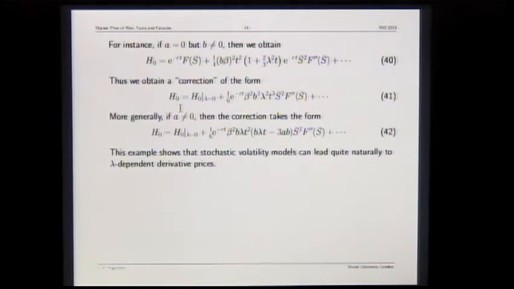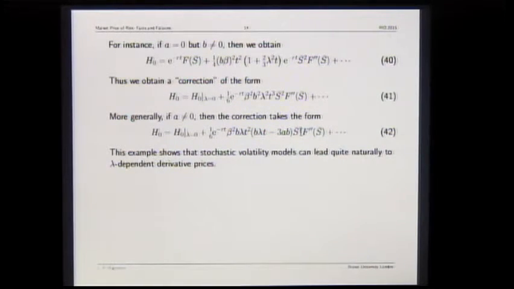So the price of the option is equal to the price of the option you would get if you set the market price equal to 0, plus a correction term, which is quadratic in lambda and cubic in time. Or more generally, if A is not equal to 0, then here's an explicit form for the correction term.